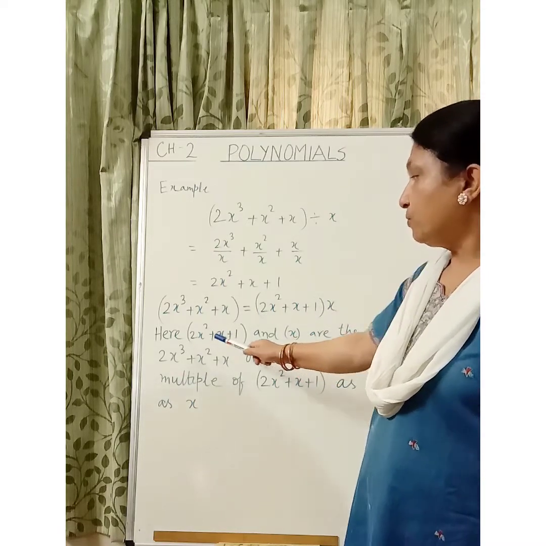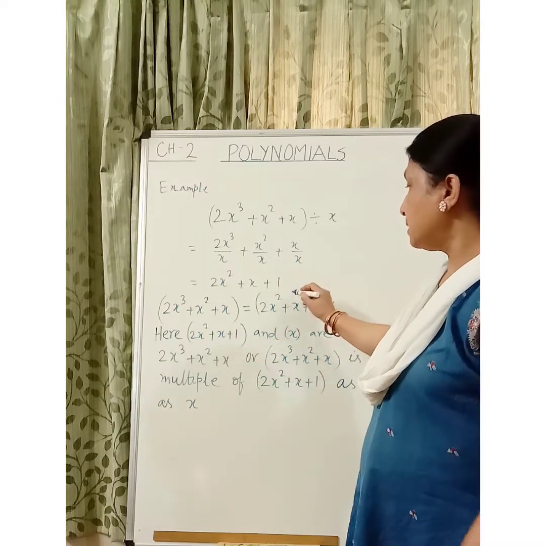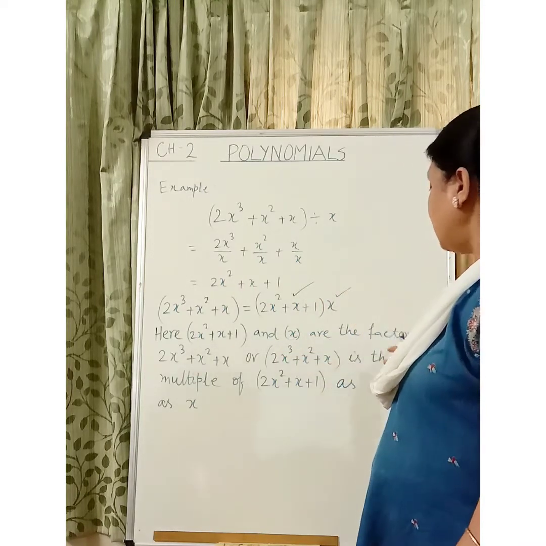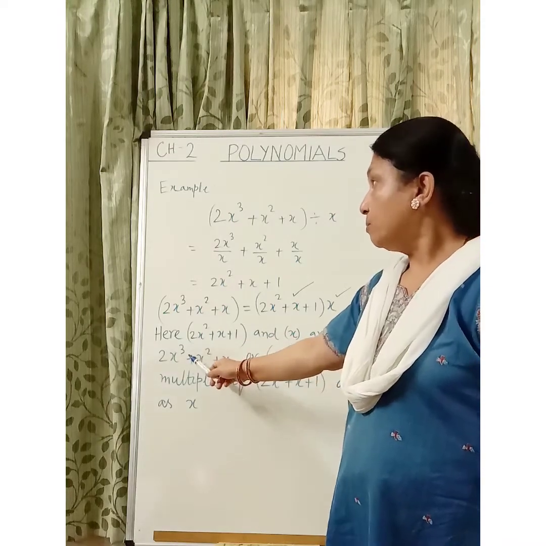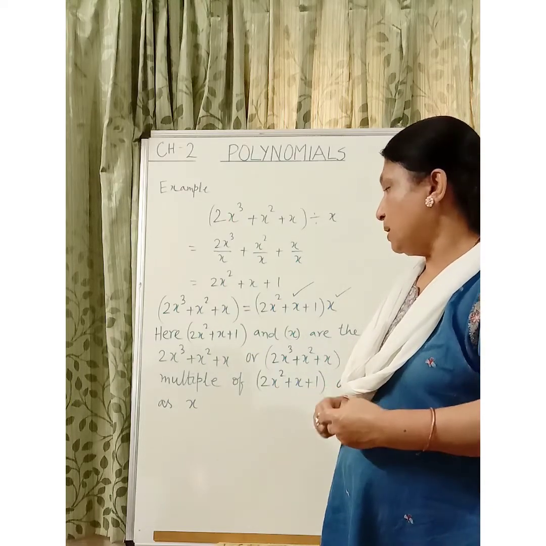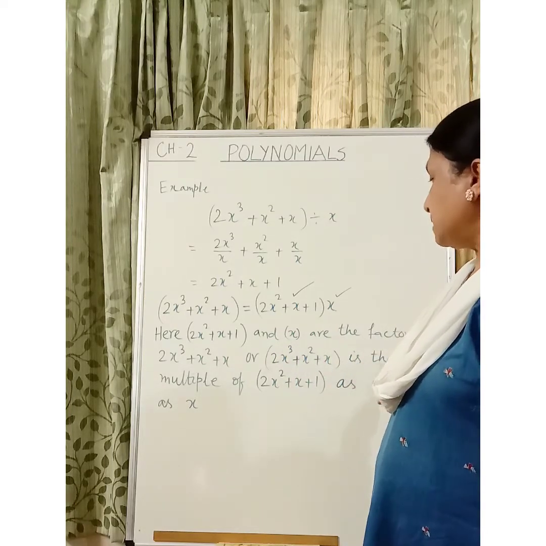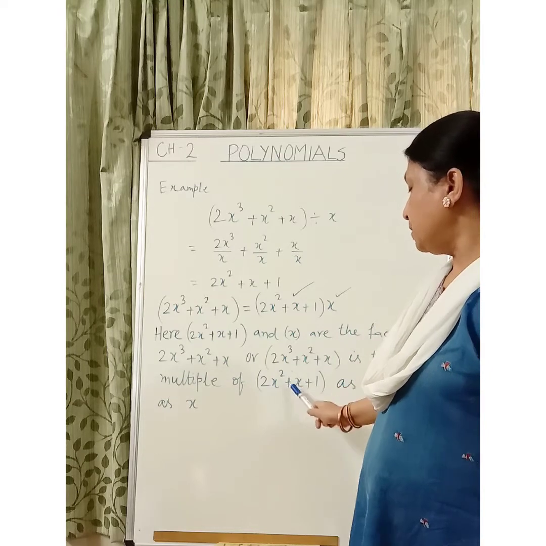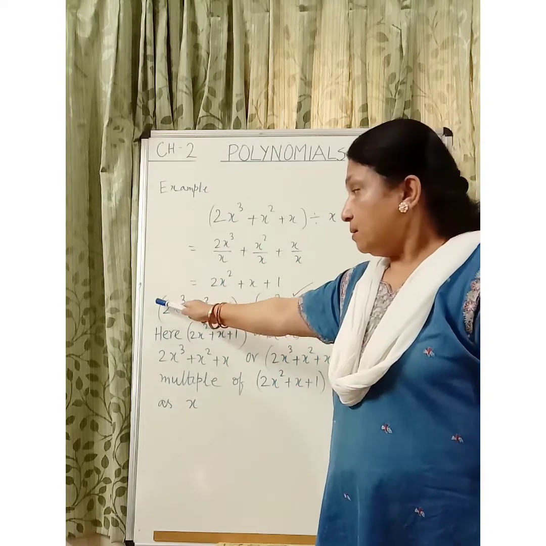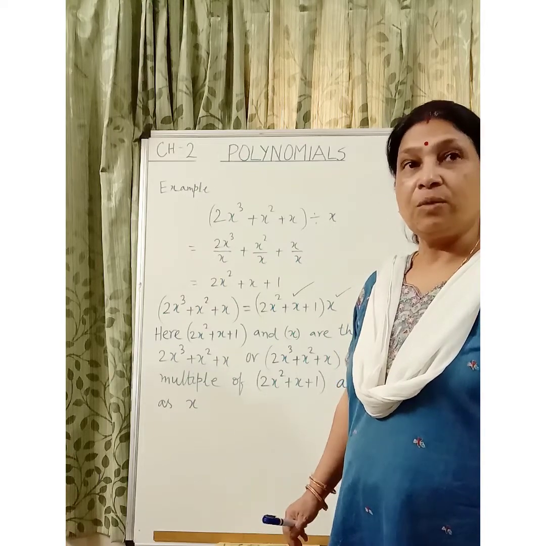So 2x squared plus x plus 1, the quotient polynomial, and the divisor polynomial x are the factors of the given polynomial, 2x cubed plus x squared plus x, which is a multiple of 2x squared plus x plus 1 as well as x. The rules of division are the same as the division of normal numbers.